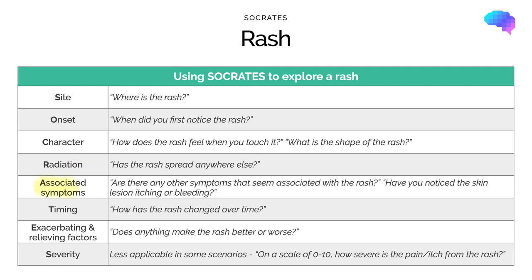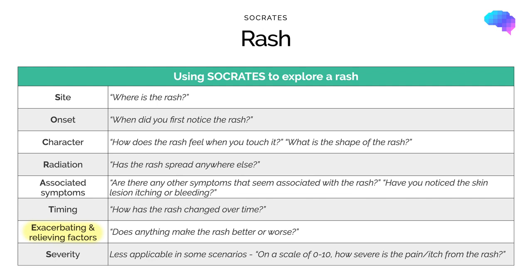Associated symptoms are important. For example, key questions to ask would be about pain, bleeding, and itching. In timing, we could explore how the rash has changed over time. Is it getting better or worse? Exacerbating and relieving factors could include treatments that the patient has tried.